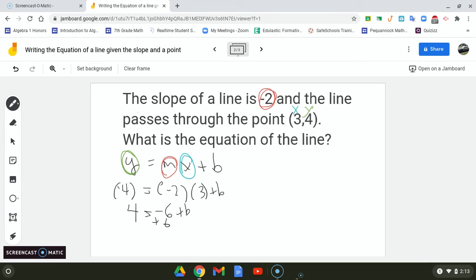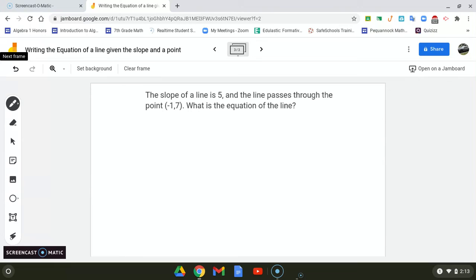If we add 6 to both sides, we get 10 is equal to b, which means our equation is going to be y equals, put in the slope of -2, and put in the y-intercept of b. And just like that, you write the equation of a line when you know any point and you know the slope. So let's do another example.